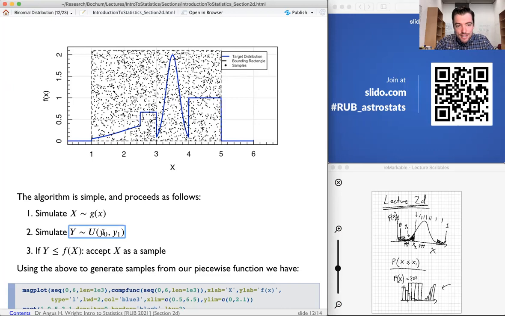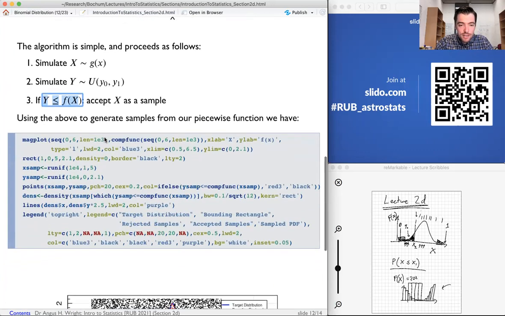We then simulate the same uniform distribution y on y min to y max, which here is defined as 0 to 2.5. And we then keep the observation if the value y is less than the target distribution evaluated at the value x. Okay, what does that look like if we actually do it?